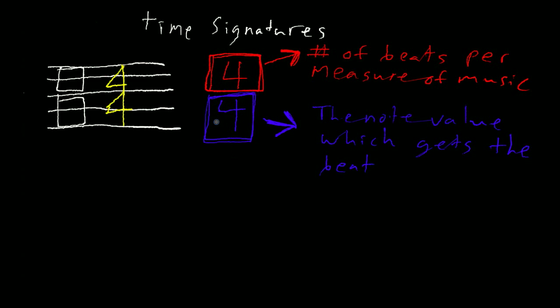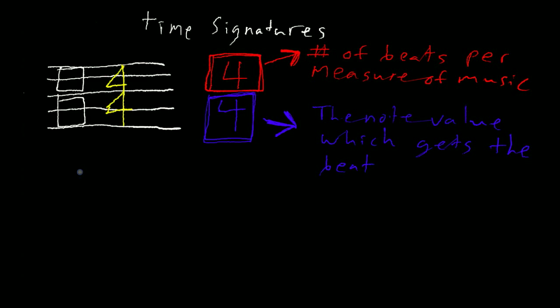You could just memorize what it means, but I do want you to get a bit of an intuition as to what these numbers mean, because you will have opportunities in your musical careers to see very strange time signatures.